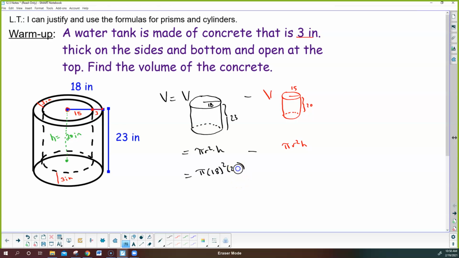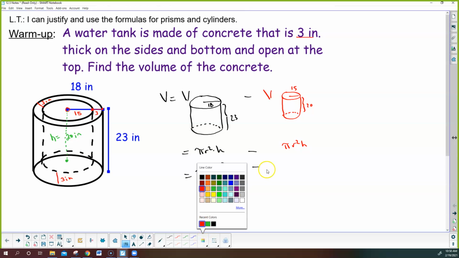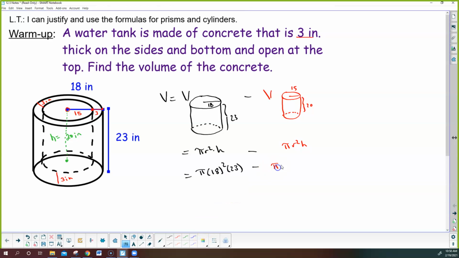And I didn't ask for it, but I'm going to give this answer as an exact answer first, and then I'll show my decimal answer. And the reason why is I think it's kind of important that we talk about how we find the decimal answer really quick.